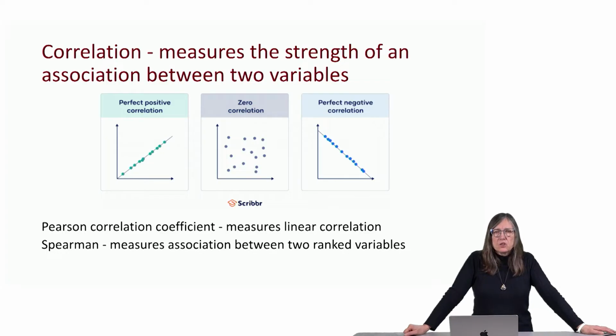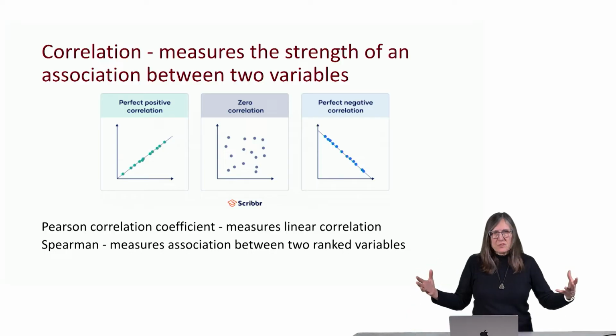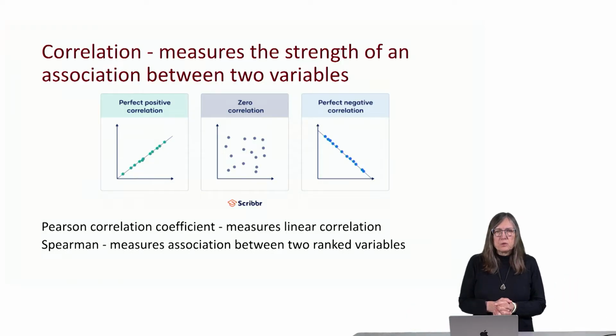And in the figure here, you see how that looks for different types of associations between those two variables. So a perfect positive correlation is the left side of this figure, and each point represents an individual in your data set, and the correlation between two different variables, those are your x and your y-axis.